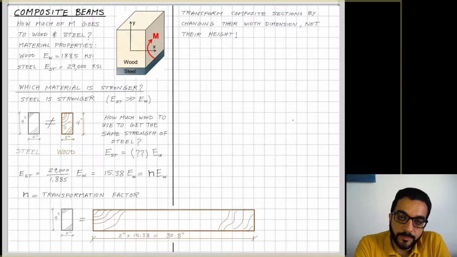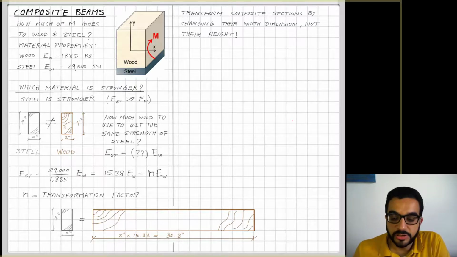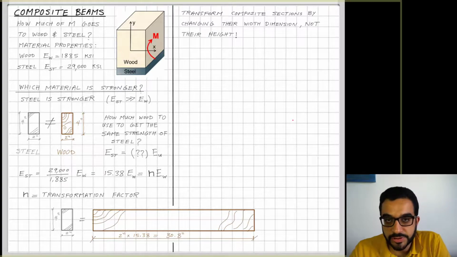So if I'm moving from steel to wood, I'm changing the EI value from a very strong E to a lesser or weaker E. Then I have to increase the value of I in the wood section, proportional to the drop in the E. If you remember, I is equal to the width times the height to the power 3 over 12.